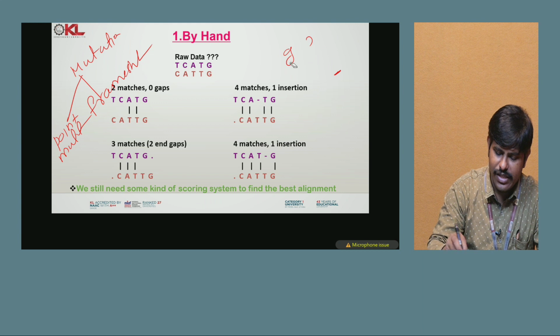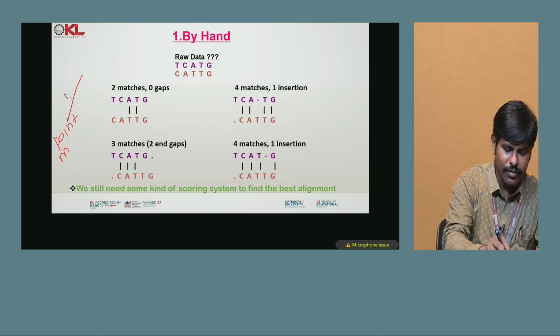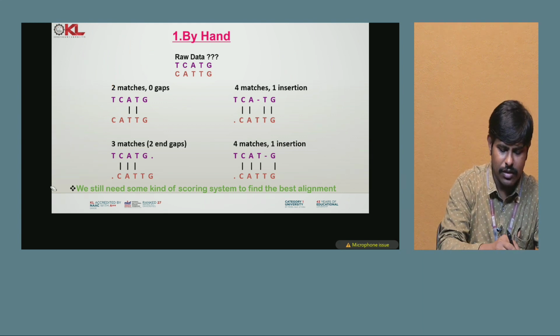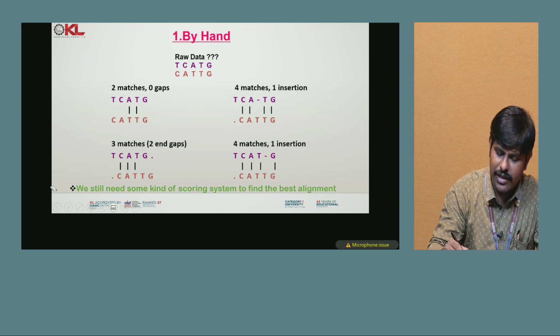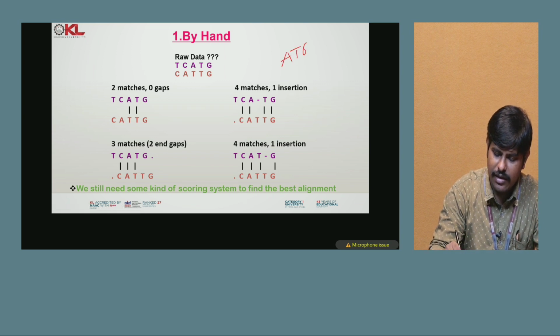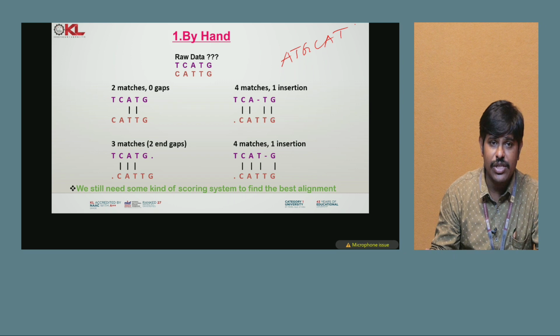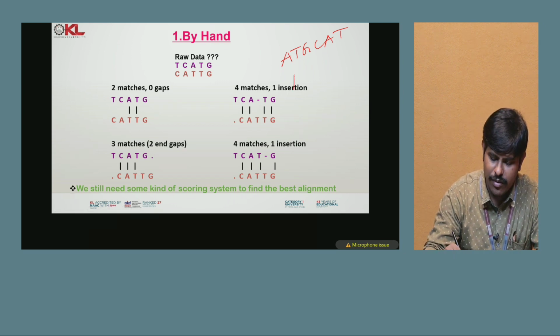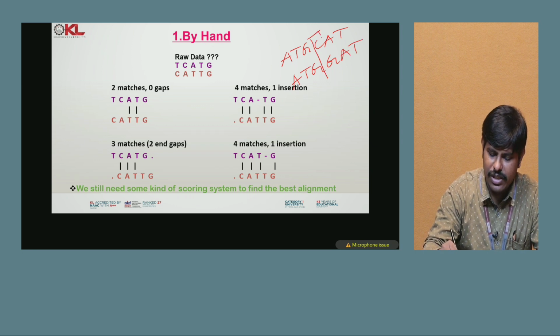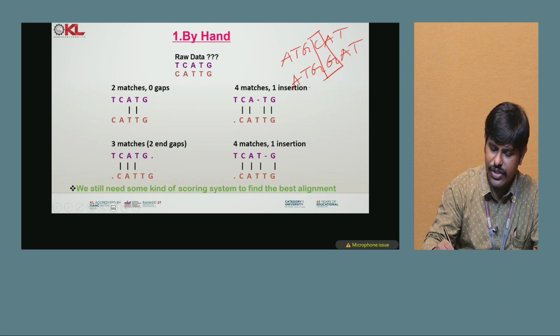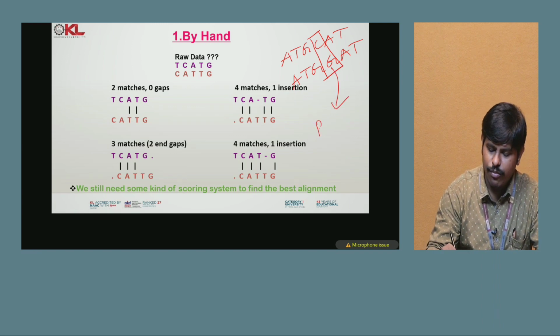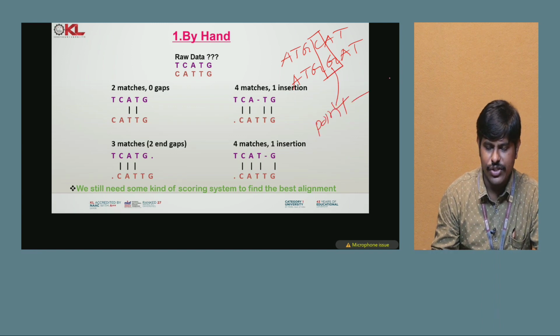A character is changing to another character. Let us assume that I have a DNA sequence. In one generation my DNA sequence is ATGCAT. When it passes to the next generation, it becomes ATGGAT. At the fourth position you have C in one sequence and G in the other sequence. So this is a point mutation.